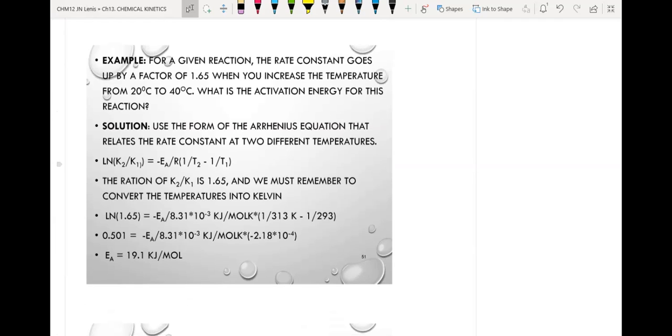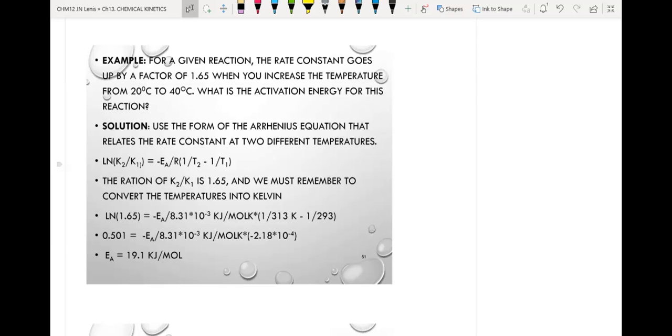For a given reaction, the rate constant goes up by a factor of 1.65 when you increase the temperature from 20 degrees Celsius to 40 degrees Celsius. So this problem is also giving you some extra information: when you increase the temperature of the system, the rate constant goes up too.